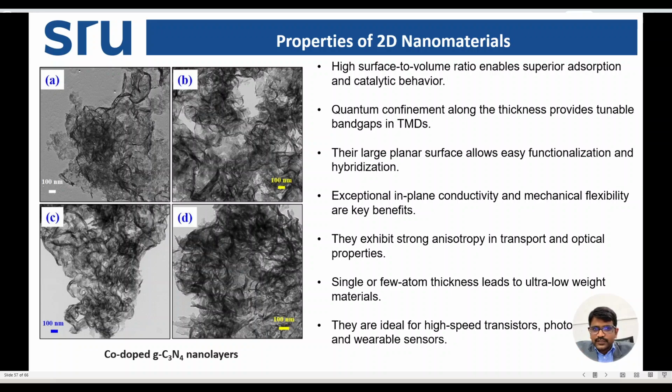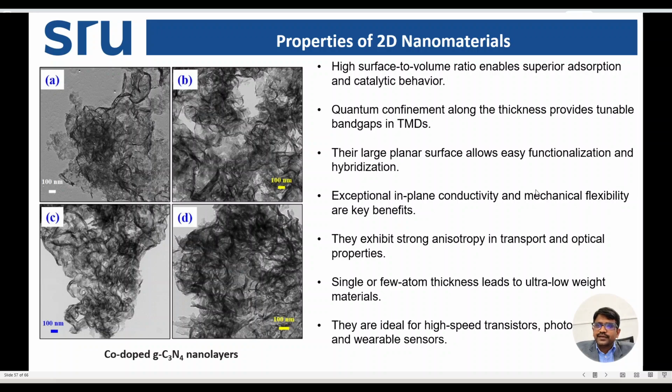So by doping, or by tuning the surface, that is functionalization, or by making composites, we can tune optical and electrical properties. Their large planar surface allows easy functionalization and hybridization. Exceptional in-plane conductivity and mechanical flexibility are also key benefits.